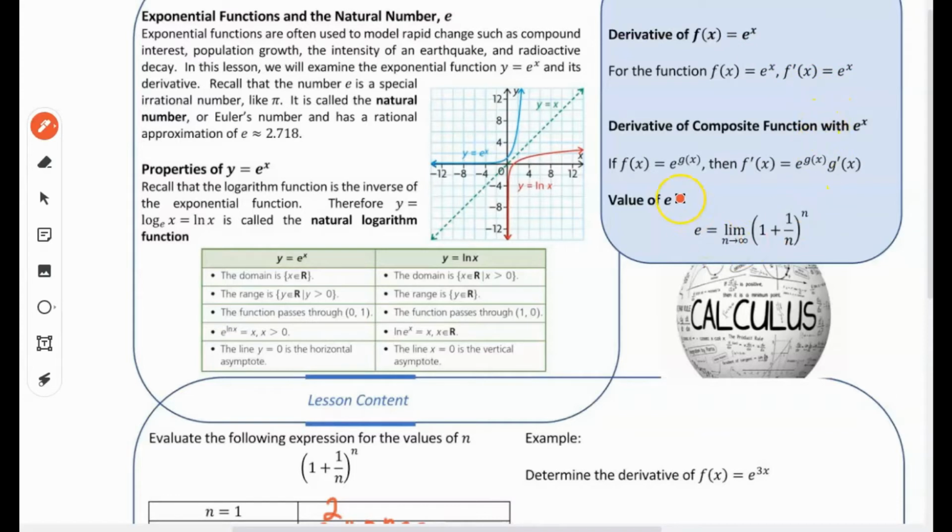But if you had something else, like e to some function g of x, like 2x, well then the derivative is still the exact same, e to that 2x, but then you multiply it by the derivative of that function, which is why we were getting those different y-intercepts. If you had e to the 2x, the derivative would be 2 times e to the 2x. And that 2 coefficient out in front changed our y-intercept to the value of 2.